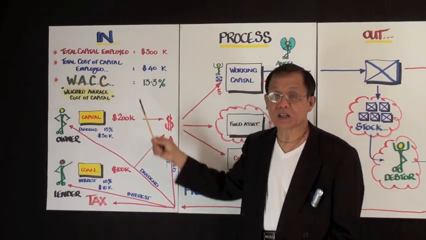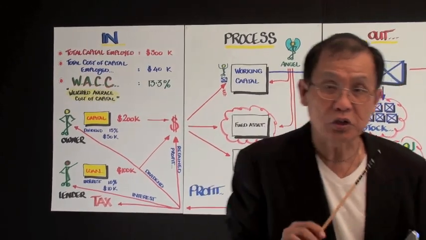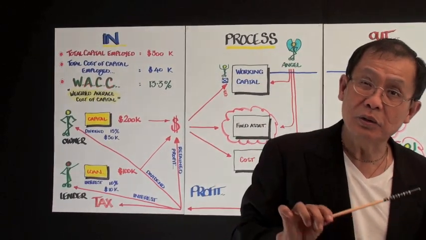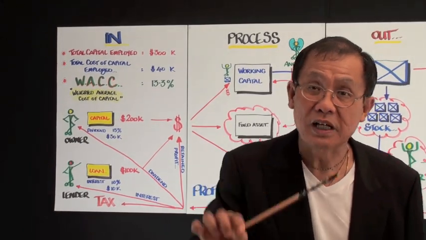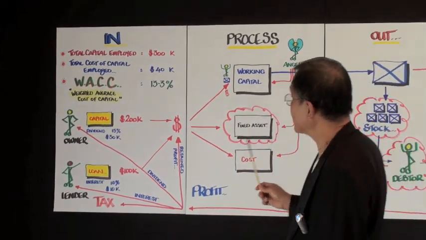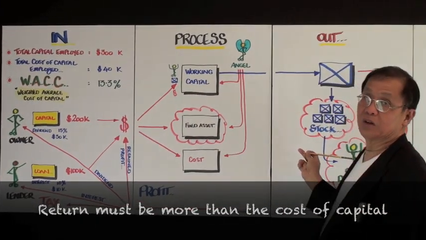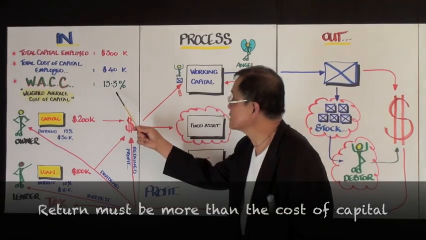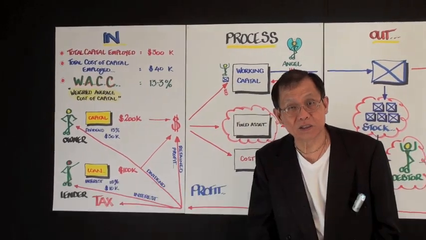So the weighted average cost is 13%. Now this is very important. Warren Buffett talks about durable competitive advantage, your return on investment, return on equity. Here your return on your investment, ROI, must be more than your cost of capital, 13.3%.